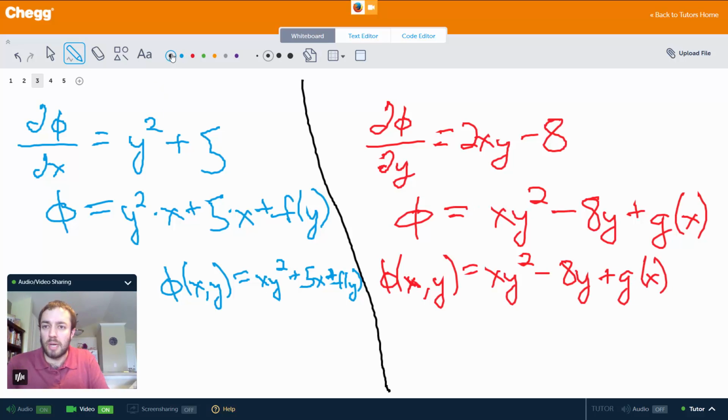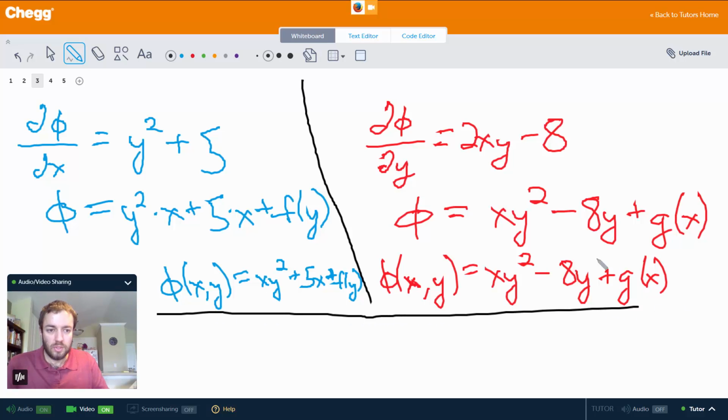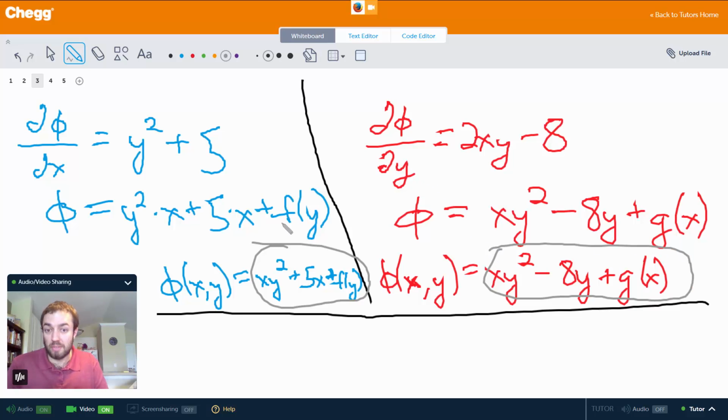All right, now we combine our two results together. We have two expressions for the same thing, phi of x comma y. Those expressions both have to be equal to each other.